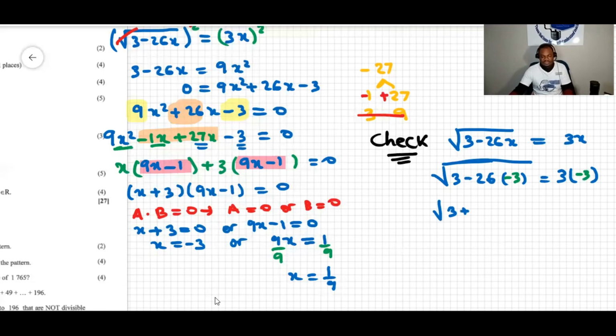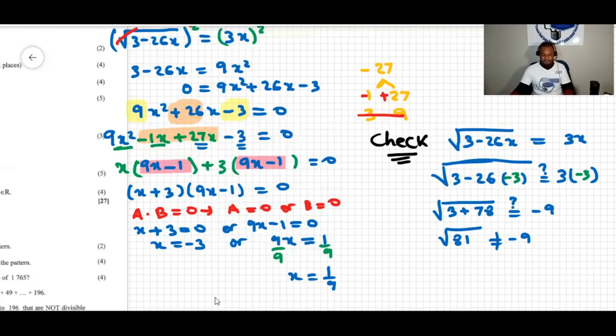I'm wrong earlier: 26 times 3 will be 78. That makes 81 equal to -9. We're checking if this is correct. Now this is the square root of 81, and the square root of 81 is not equal to -9.